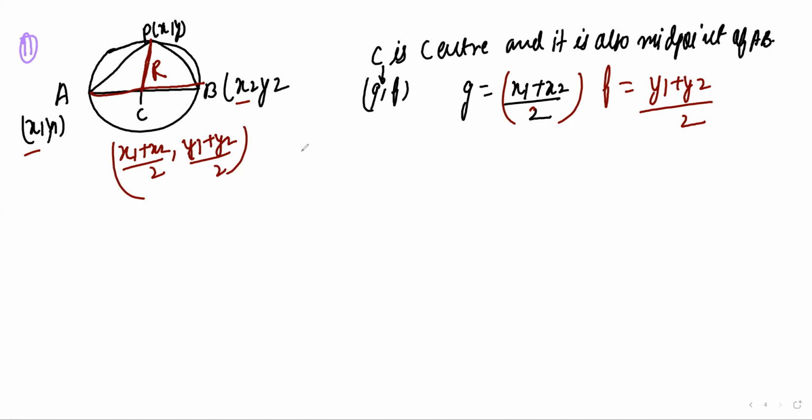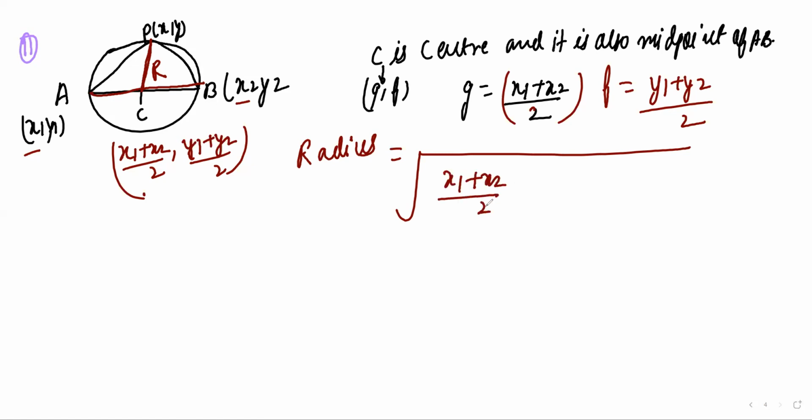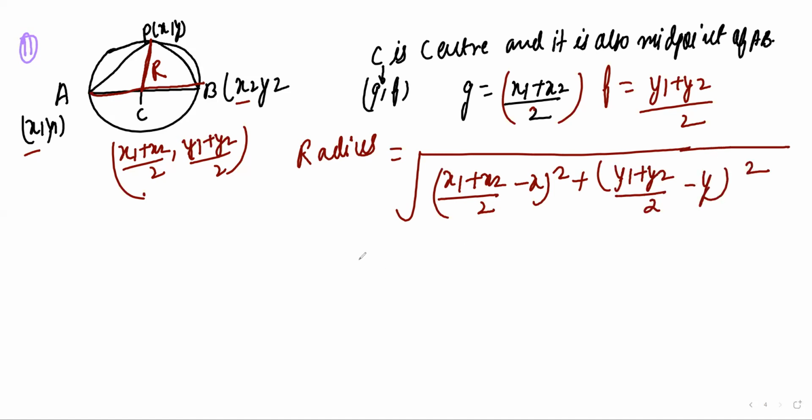So for finding the radius, by the distance formula, what can we get? It is this point minus this. So it will be x1 plus x2 upon 2 minus x, whole square, plus y1 plus y2 upon 2 minus y, whole square. Now solve this one.